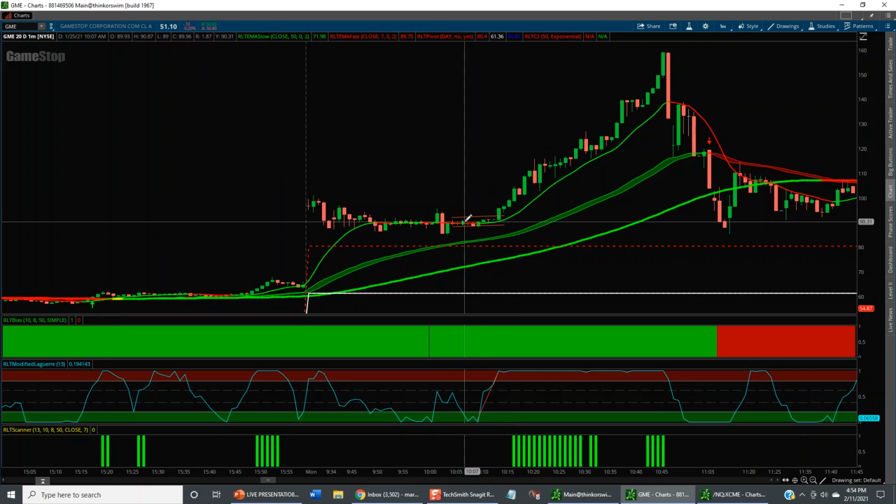Well, what's happening is that the close of the candle is approaching the high of the candle. That's momentum. As you have increased buying power, the close is going to approach the high sequentially from candle to candle to candle to candle.